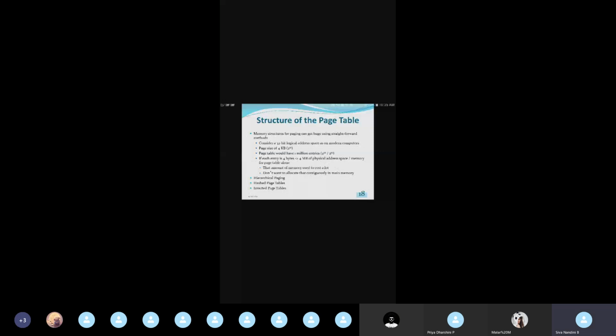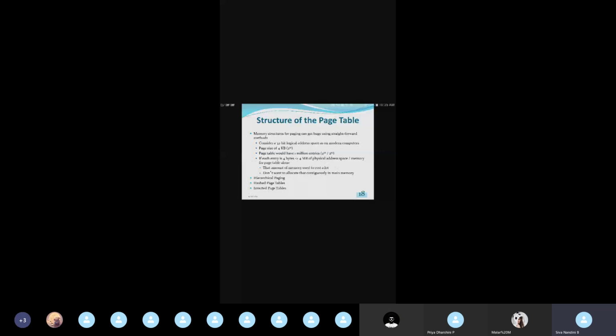So the logical address generated is of 32-bit. I am considering an example 32-bit logical address space. In that, I have considered 12 bits for the offset value, that is n, and the remaining 20 bits for representing the page number.